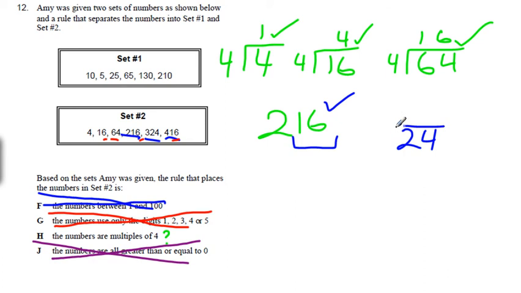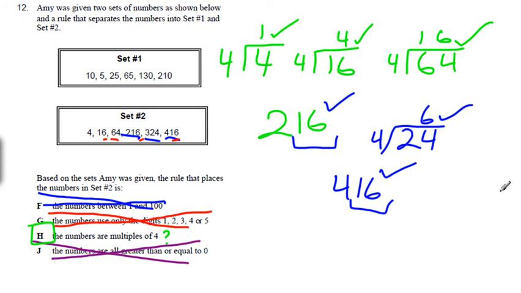What's 24 divided by 4? That's just 6, so that works. And 416. If we just look again, those last two digits are 16. We've said 3 times now that this, yes, is a multiple of 4, so the answer is yes, H. Okay, we doing alright?